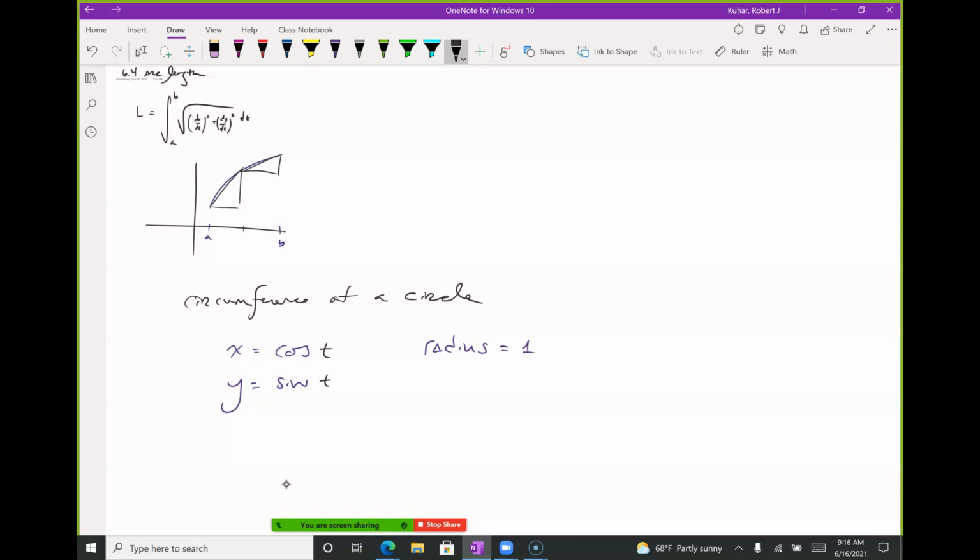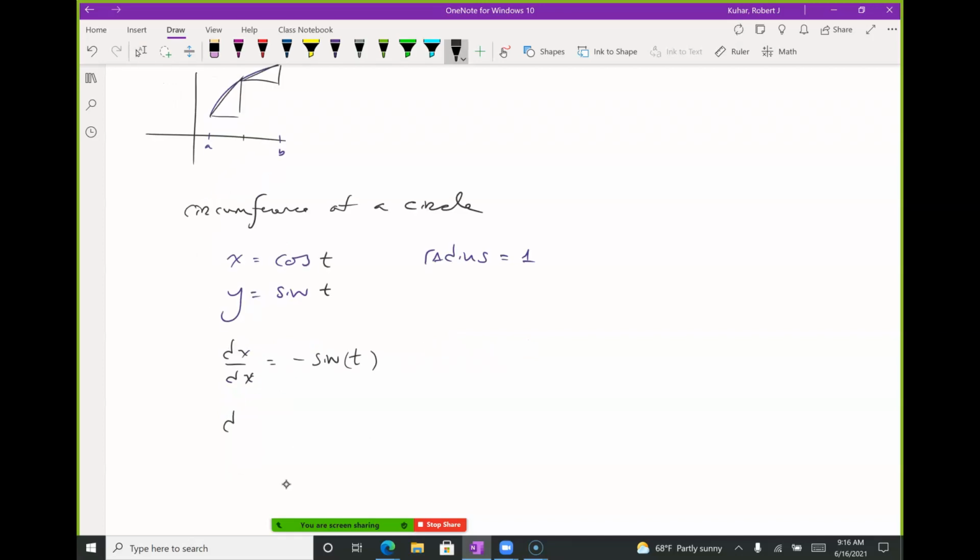So what do I get for dx dt here? The derivative of cosine is minus sine t.